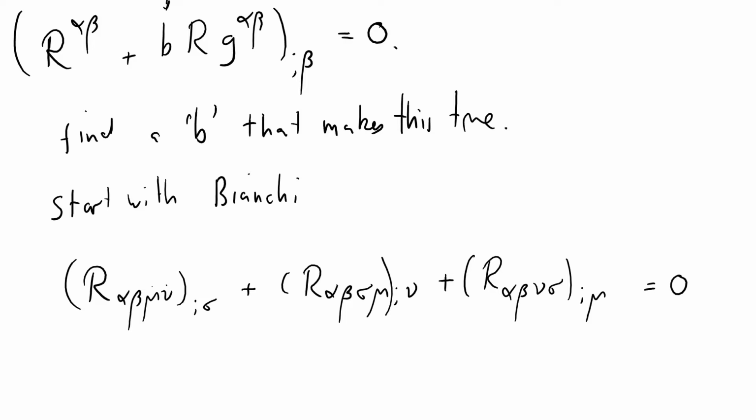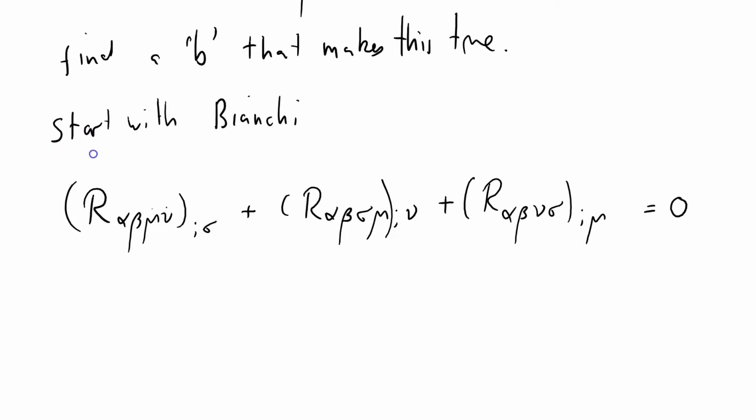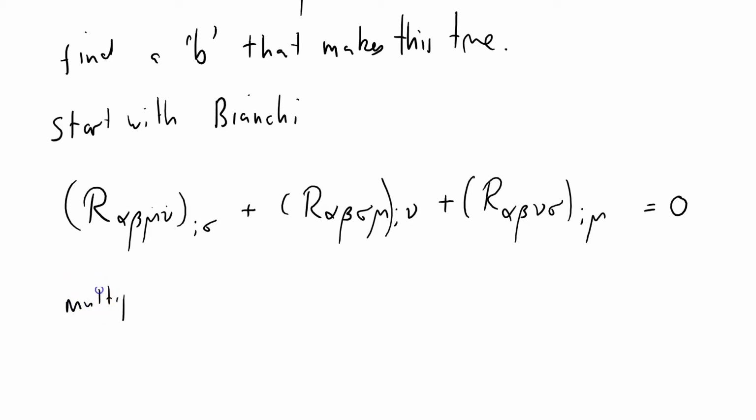Now I've got 5 downstairs indices in this equation here. And I want 2 upstairs indices. So by judicious choice of metric tensor, I'm going to multiply this equation by a whole sequence of metric tensors. Let's just do it first. G gamma sigma, g alpha mu, g beta nu, just copying from my notes here.